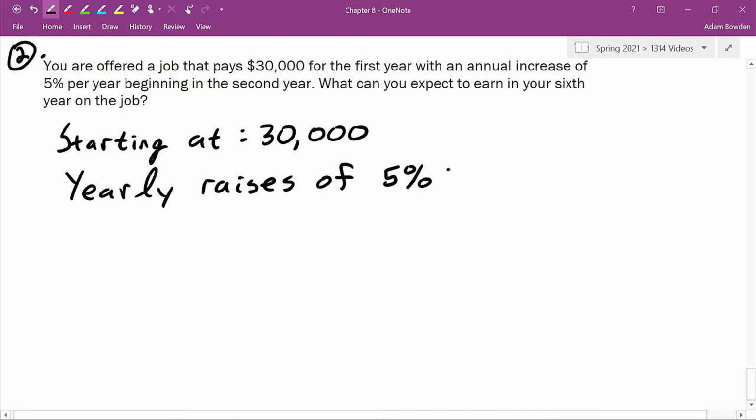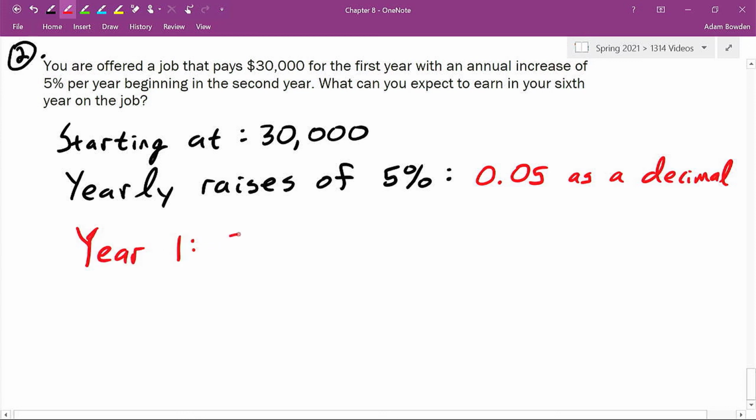The way we calculate a raise of 5% is we have to consider that the decimal for 5% is 0.05. If we start with year 1, that would be the $30,000 starting salary. But for year 2, we're going to have the $30,000 plus the additional 5% raise.